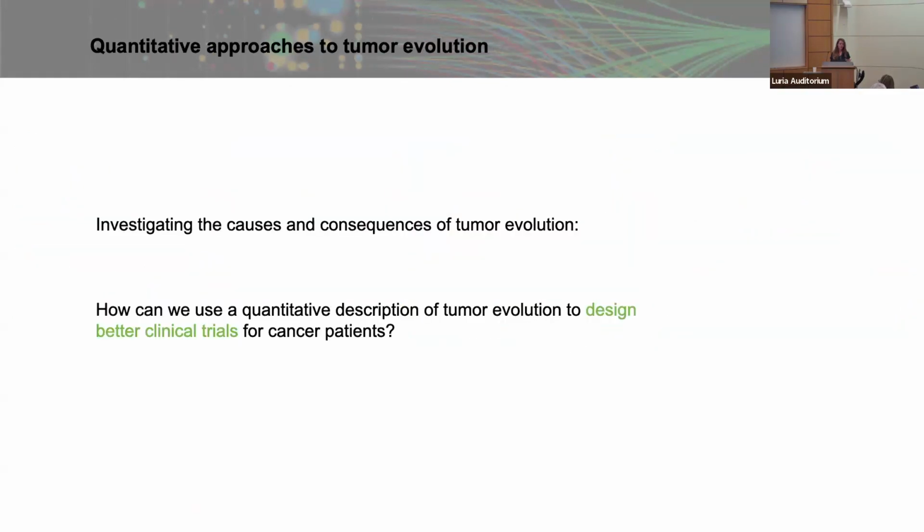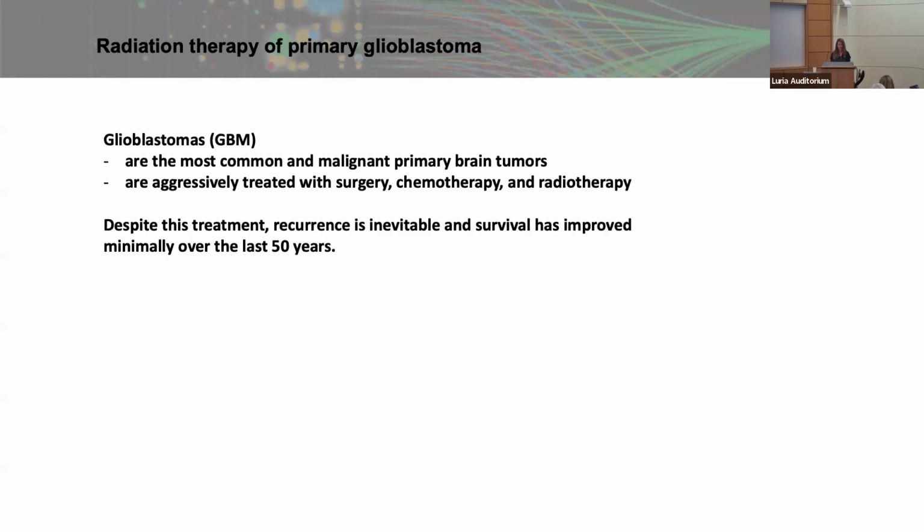In this quest of investigating the causes and consequences of tumor evolution, we were interested in this particular example to come up with a quantitative description of how glioblastomas respond to treatment, different combinations of treatment, but particularly radiation therapy, with the ultimate goal of designing novel clinical trials that would be predicted to outperform existing fractionation and combination schedules, particularly focused on existing agents, but of course also branching out into other approaches. And so we're particularly excited about the BTC work and what Nino has just shown us.